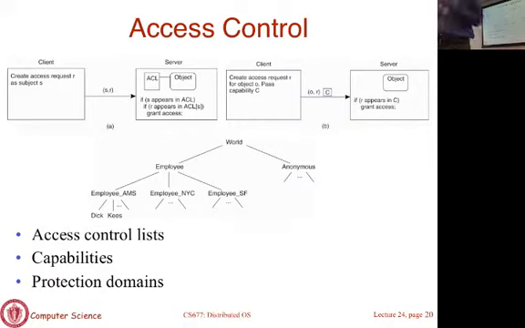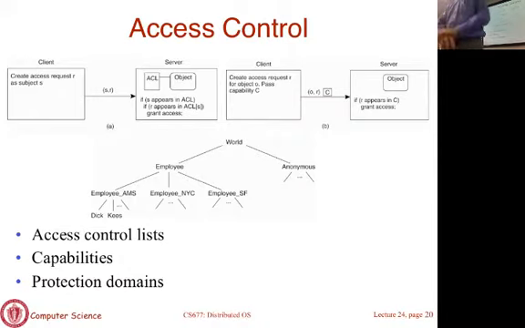ACLs are actually the more common way, but another way to specify this is the notion of capabilities. Think of capabilities as attached to users, while access control lists are attached to resources. If you have a system that uses capabilities rather than access control lists, every user or every entity, a program let's say, is given a list of capabilities.